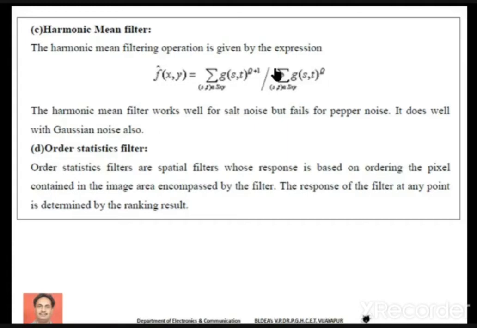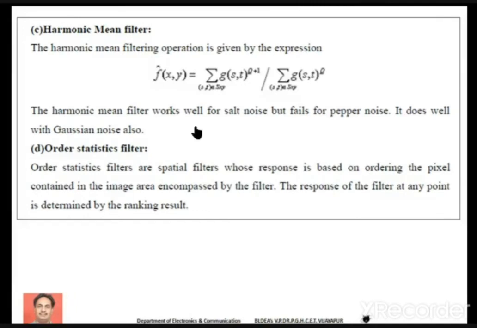You just try to understand the meaning of these equations. They are very simple, but you have to remember and practice them also. The harmonic mean filter works better with salt noise, but it fails for pepper noise. In the last class, we discussed what salt noise and pepper noise are.